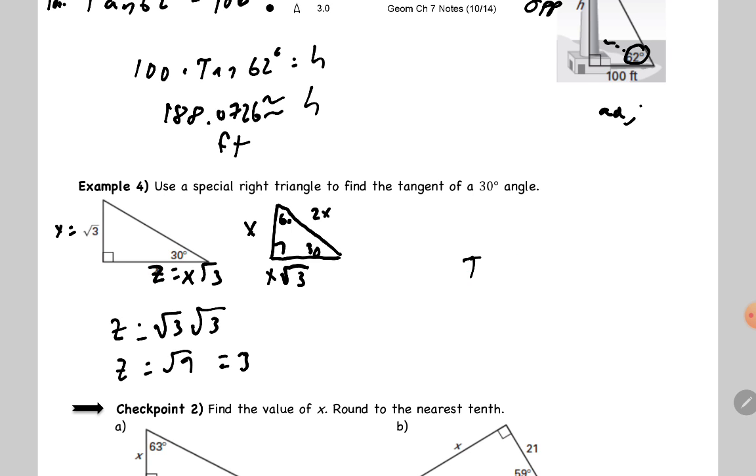So tangent of 30 is equal to opposite, which is square root of 3, over 3. So tangent of 30 degrees equals this. That's all they were looking for. They were looking for the tangent of a 30 degree angle. Remember, tangent is the ratio.